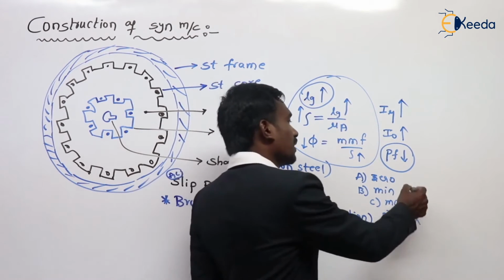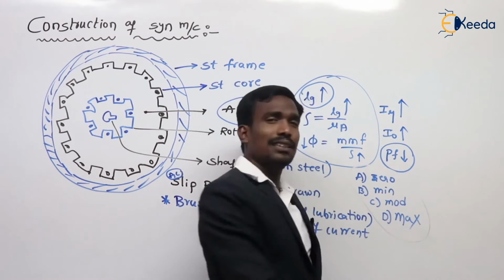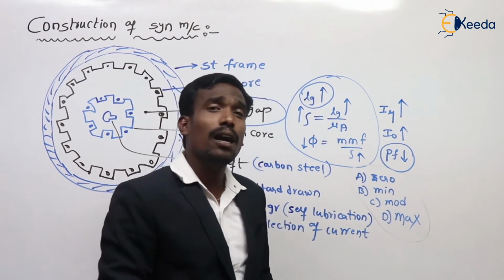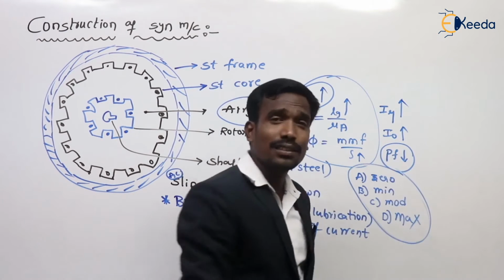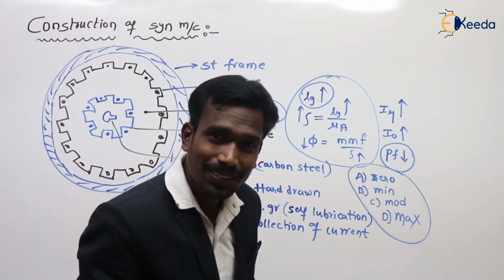Which of the following is the correct answer? The air gap length in a synchronous machine. Tell me the answer fast.